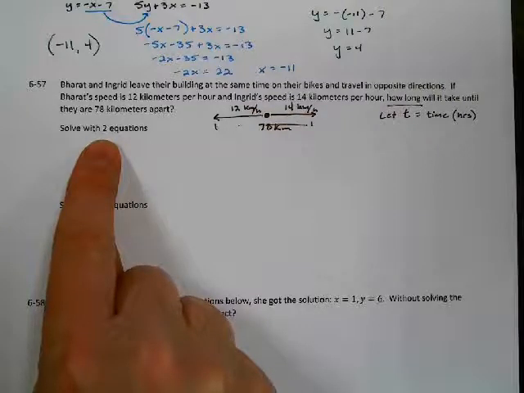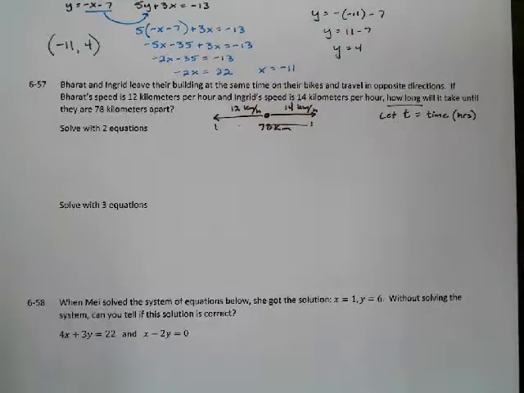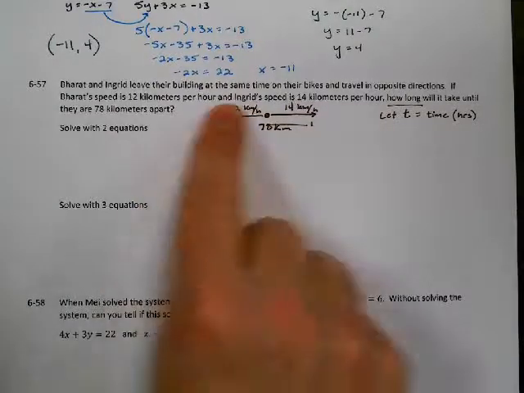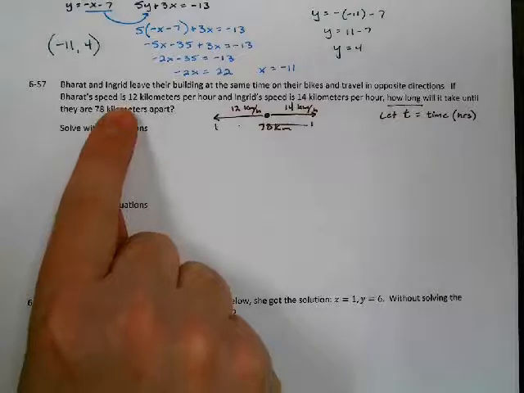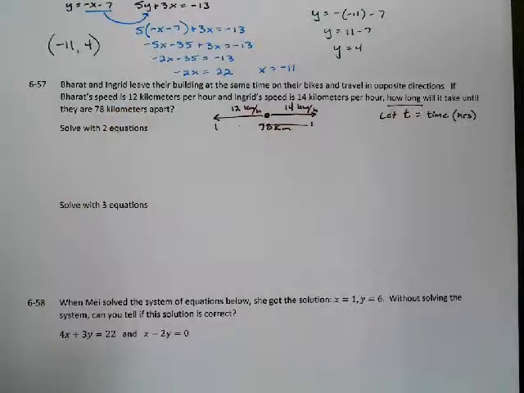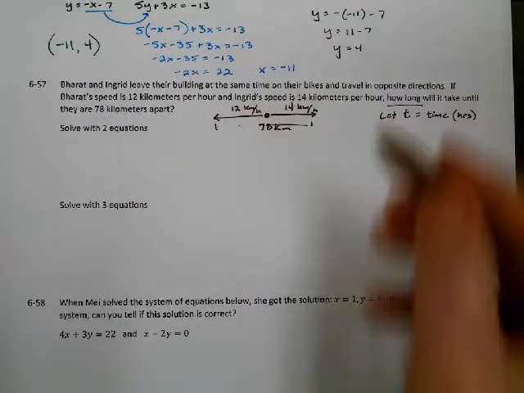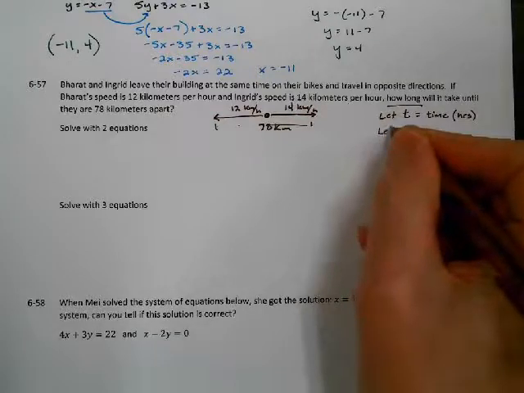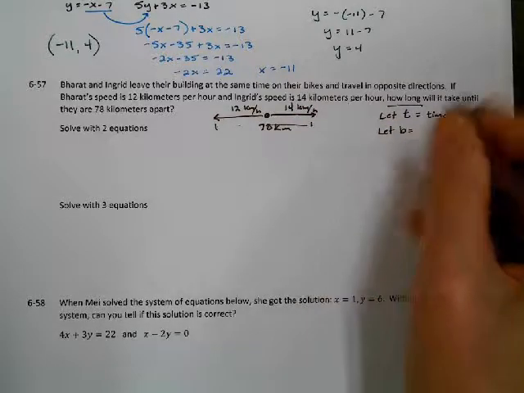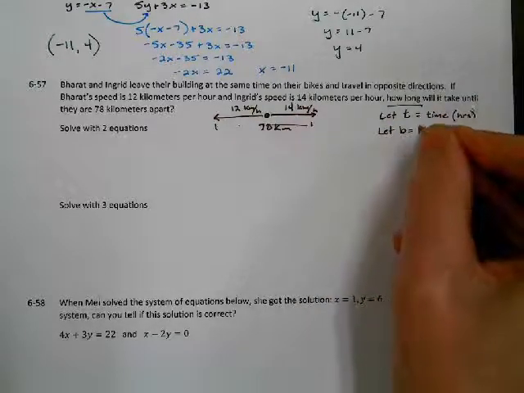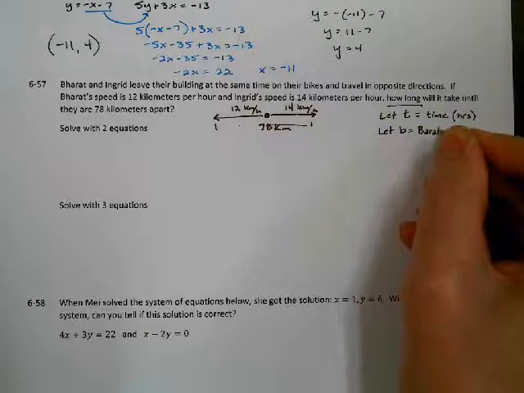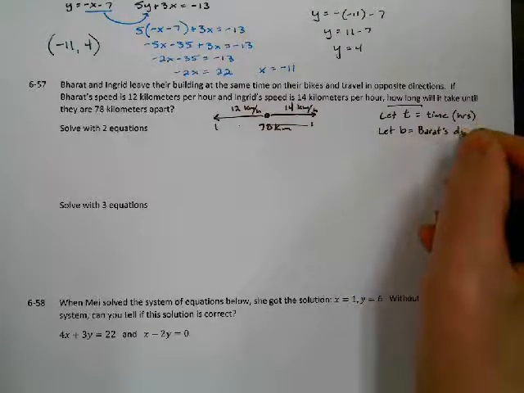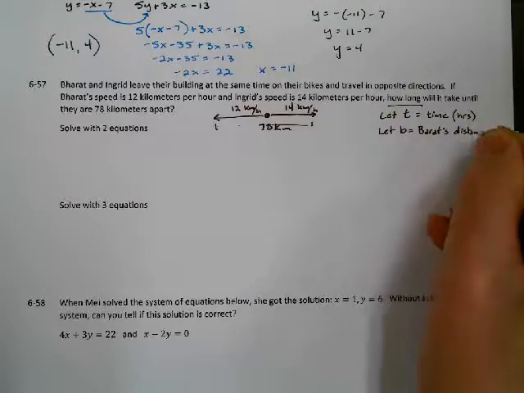I know that Bharat, I can do his distance. He's going to do 12 kilometers per hour. So I'm going to let B equal Bharat's distance. So here's what I can write.